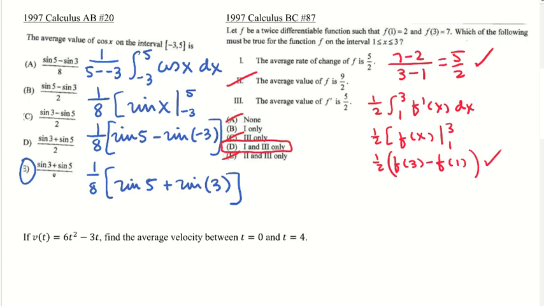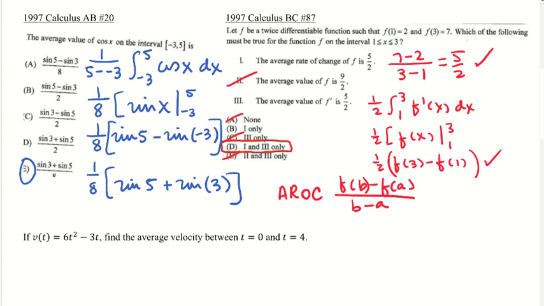And the point I want to make with this is that the average value of the derivative is the same as the average rate of change. Because if you take average rate of change, that's f of b minus f of a over b minus a.